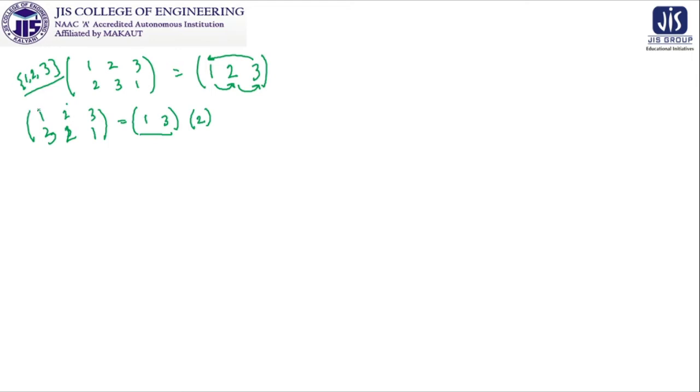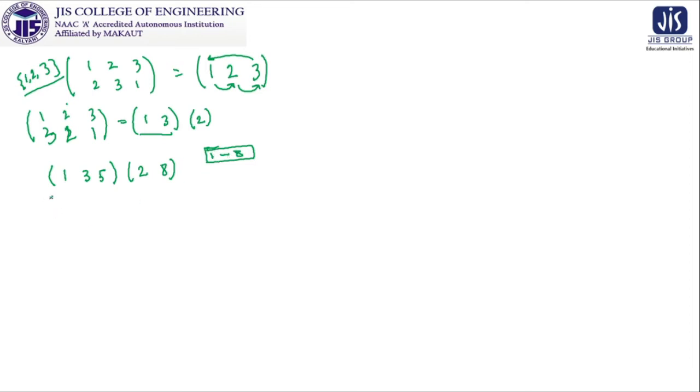Now suppose we have one cyclic representation as this one, 1 3 5, then 2 8. If I want to see this permutation in the explicit form, first of all we have to make it clear that the mother set is from where to where. It is 1 to 8, suppose.